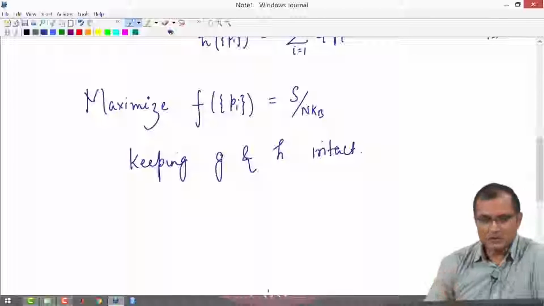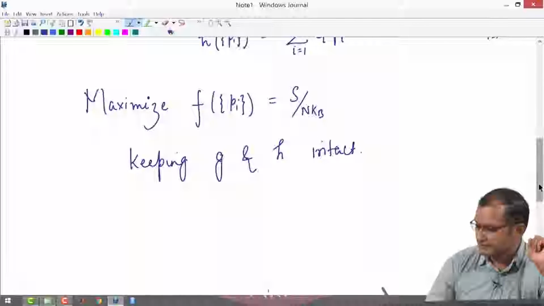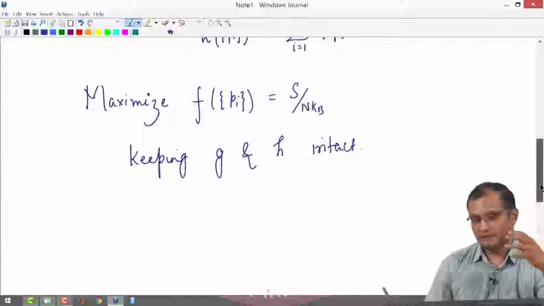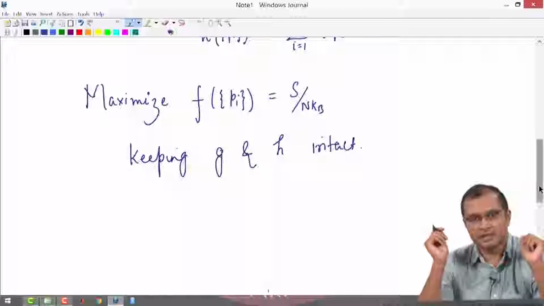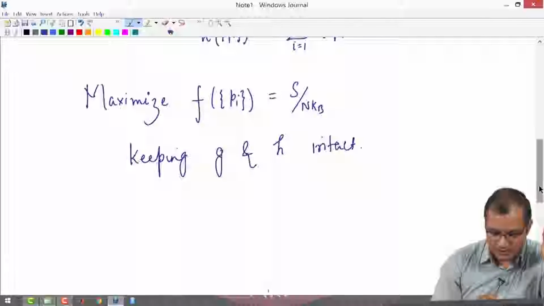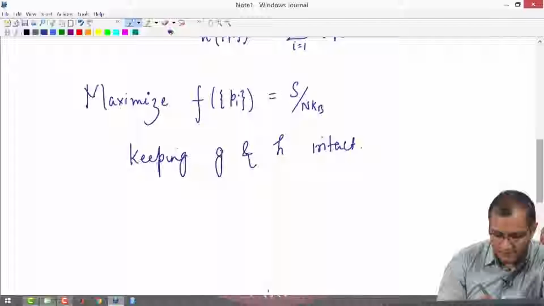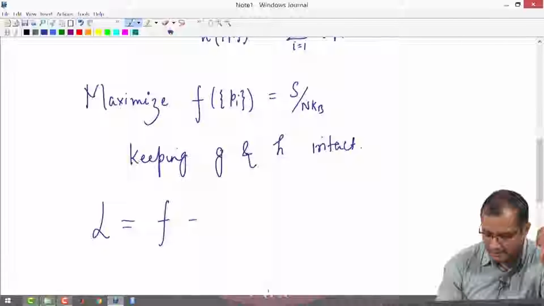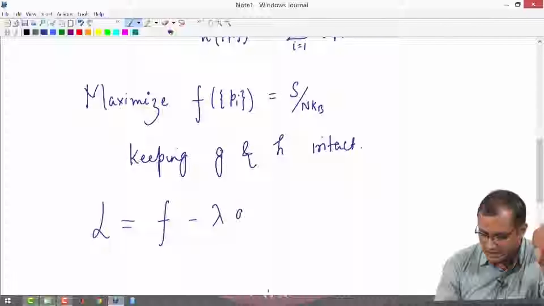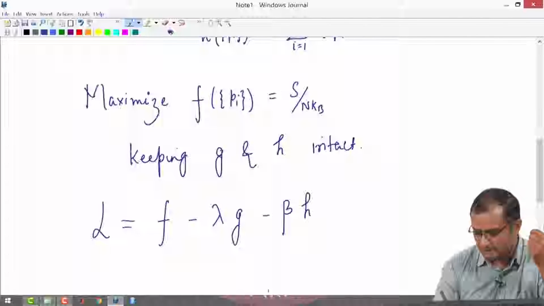Our usual prescription, as discussed in the last lecture, where we discussed the concept of function optimization using Lagrange multipliers, you can consult that lecture. I am going to just use that concept here and define my Lagrangian L as the function f minus lambda times g minus my second Lagrange multiplier beta times h.